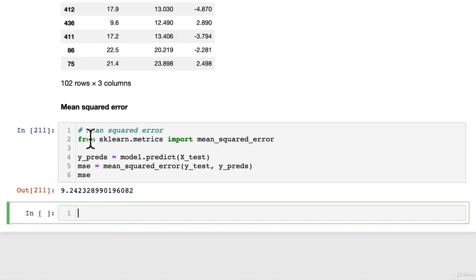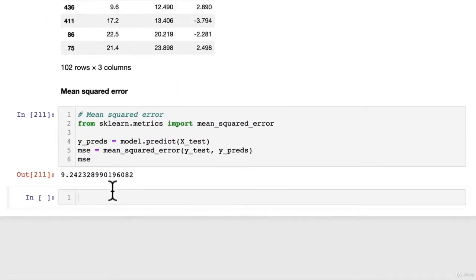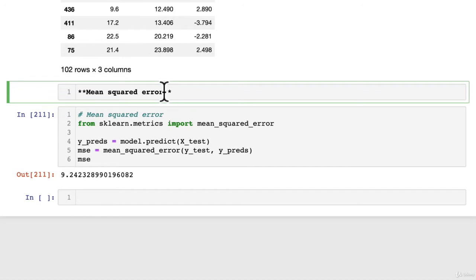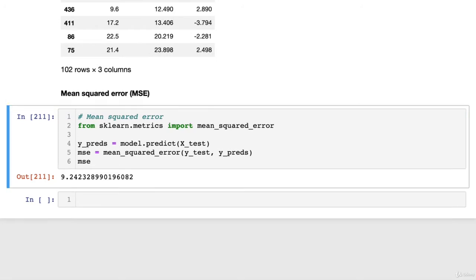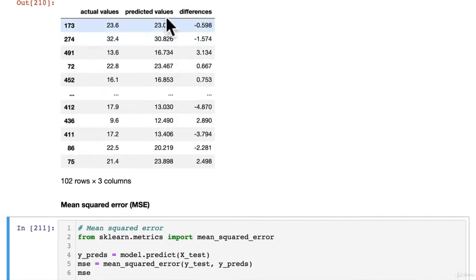9.242. That's a little bit higher than what we got with mean absolute error. Well, that's because MSE, or mean squared error, I should put MSE in here, right? Because there's so many acronyms these days. MSE will always be higher than mean absolute error because it squares the errors rather than only taking the absolute difference into account. So if we come up here and have a look, this DataFrame would be the exact same here.